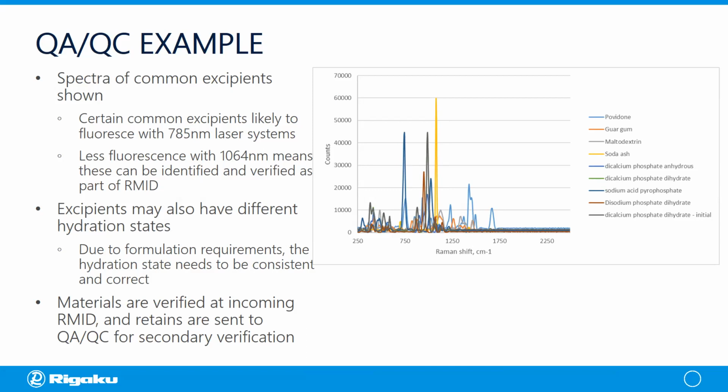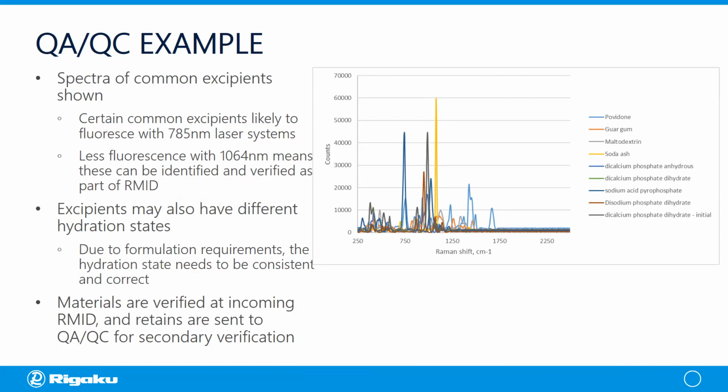So one of the other secondary applications QA/QC will be checking for is to differentiate and verify the hydration states. As an example, if you wanted to differentiate the anhydrous form of calcium phosphate from the dihydrate form, you can run them on the spectra, and then you can try and build a pass-fail criteria to make sure that you have the correct ones.